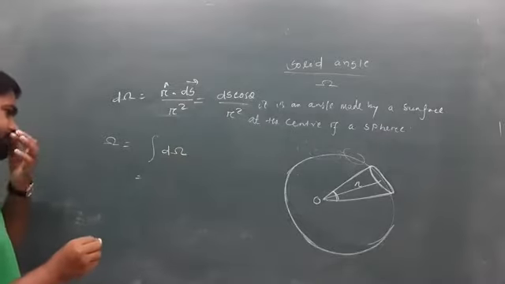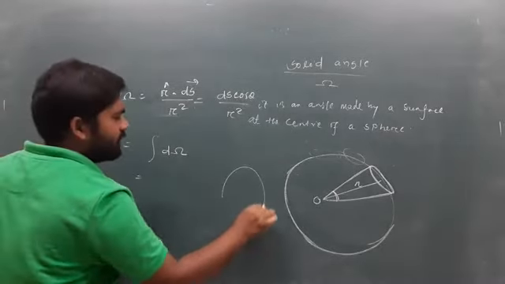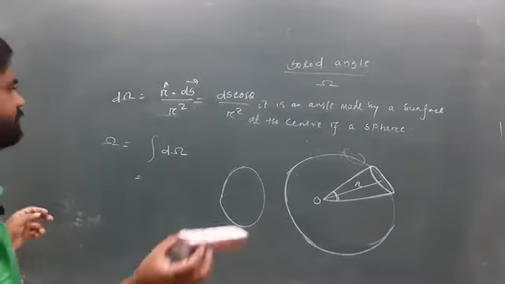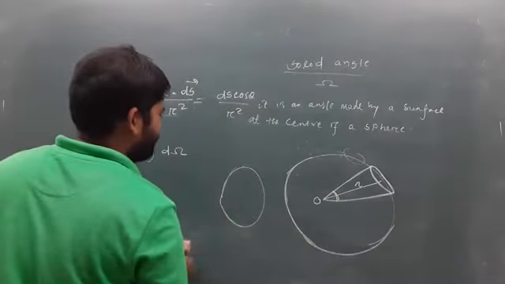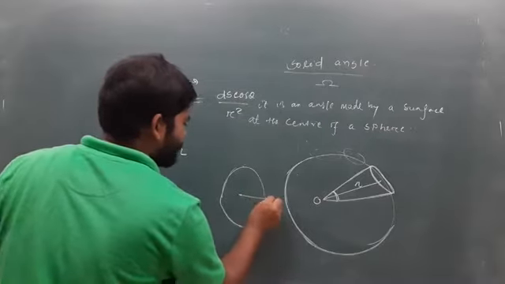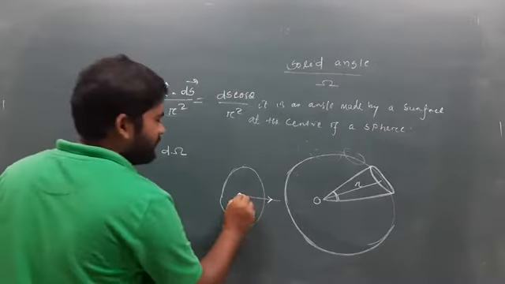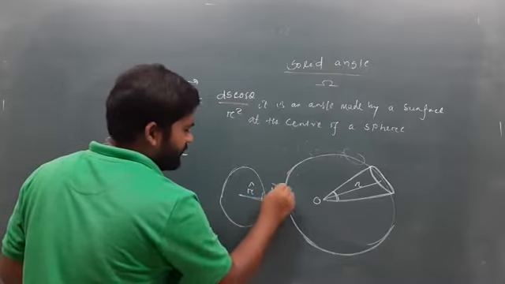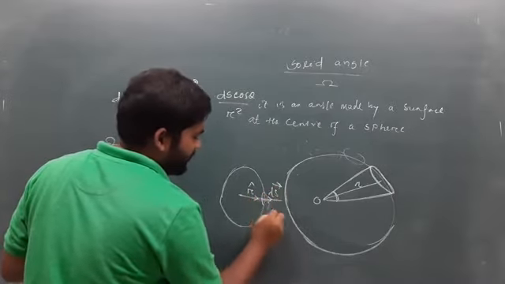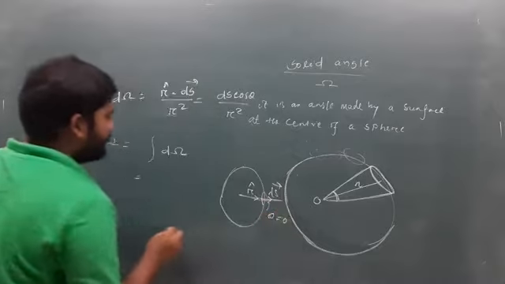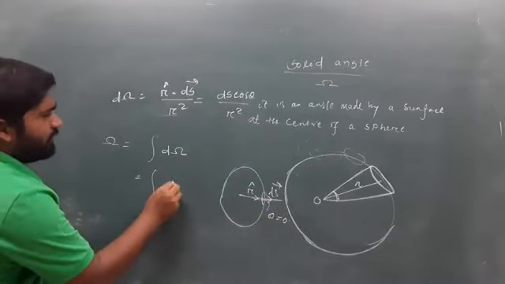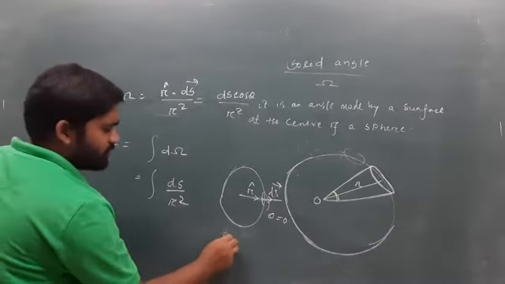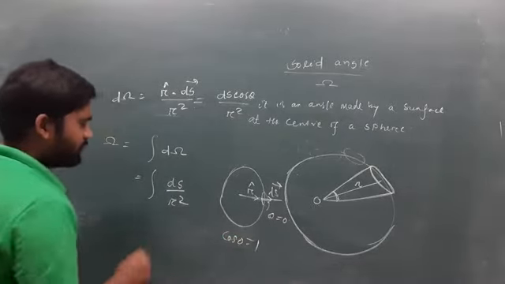When the surface vector ds and the unit vector r cap are in the same direction, then theta equals 0, so it will be ds divided by r square, because cos 0 equals 1.